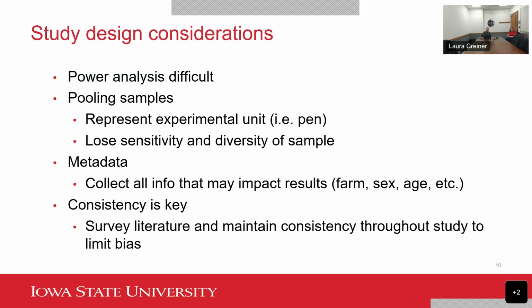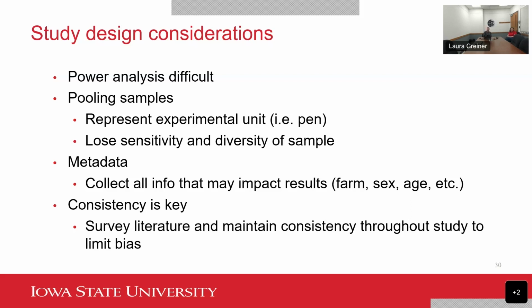But with that, you have to acknowledge that you're likely going to lose sensitivity and also diversity of the sample, as microbes that are rare in certain samples may get hidden by the more common microbes. Additionally, metadata are extremely important in this case, metadata being all the extra information associated with your study and the animals you're sampling.